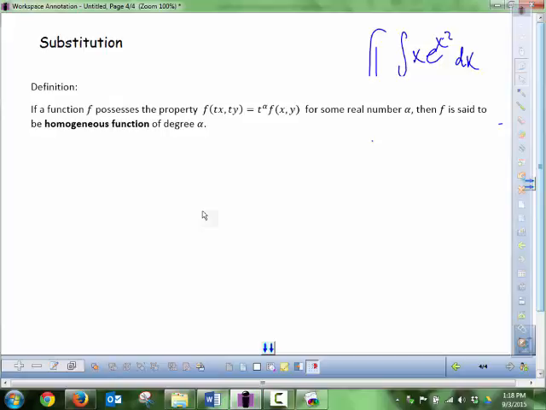It's like checking for whether a function is odd or even, where you're able to factor out a negative sign. Here, it's the same thing. Are you able to factor out a t to some power? So that's the definition of a homogeneous function. People call it homogeneous. I've learned it homogeneous, so I'll use that.